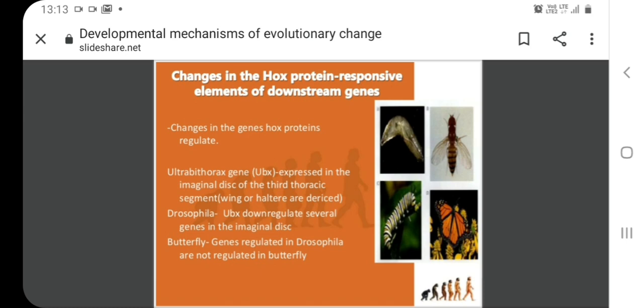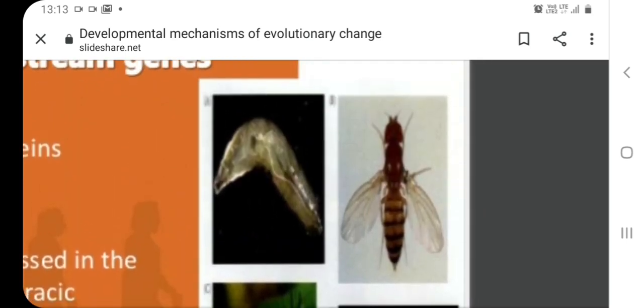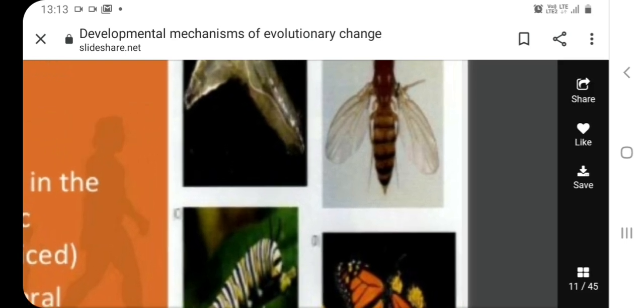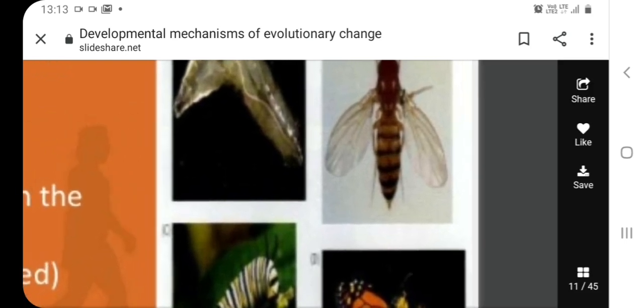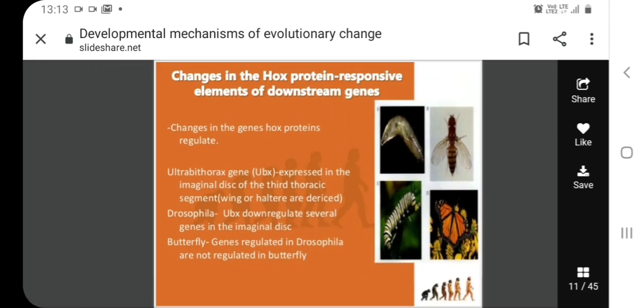Whereas in butterfly, genes that are regulated in Drosophila are not regulated. So there is the emergence of two pairs of wings, as you can see here. The halteres can be seen like two small hair-like structures. This is the butterfly.